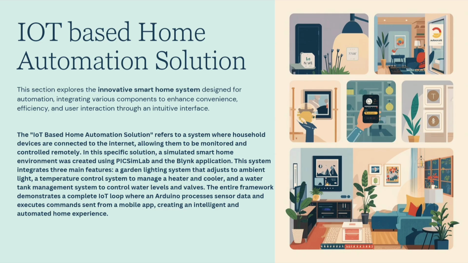This integrates the main features of garden lights, adjusting the lights depending on the light level using an LDR. The temperature control system is managed by a heater and cooler, and the water tank management system controls water level and valves. The framework demonstrates the complete IoT loop where the Arduino processes sensor data and executes commands sent from the mobile application, creating an intelligent and automated home experience.